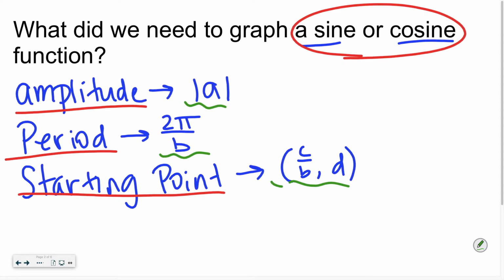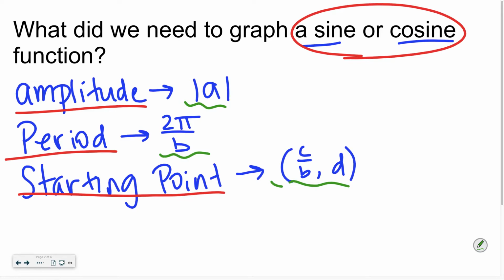Notes really wouldn't take very long if you didn't have to draw the picture. But I'm going to make you draw each of these graphs so that when you go back and look at your notes next week when you're studying for your test, you know where the heck you got 2 pi over 3 from.